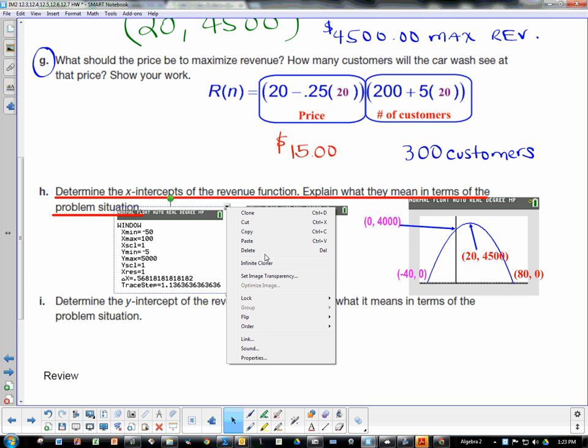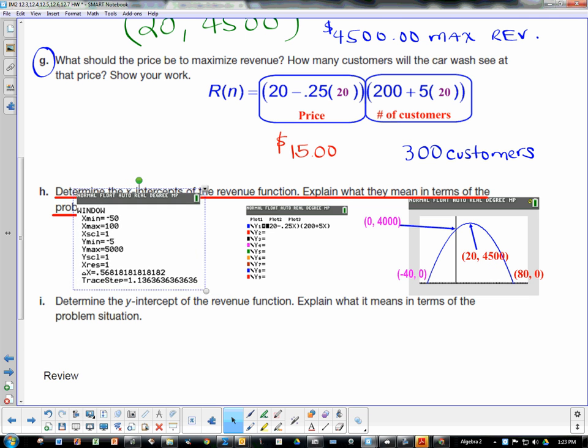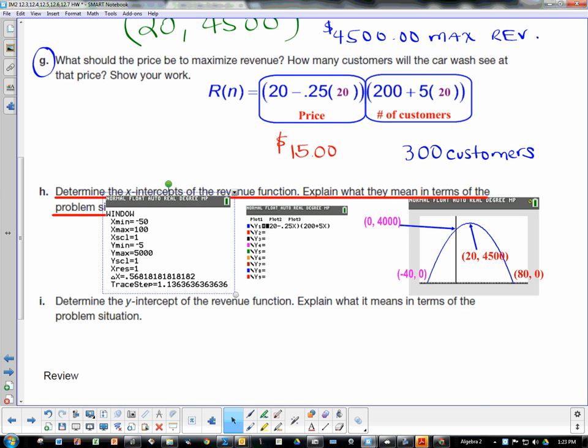Let's make sure that you can see everything here. You can see what I set my window at. You can see this is in factored form, and here is my quadratic, or my parabola.